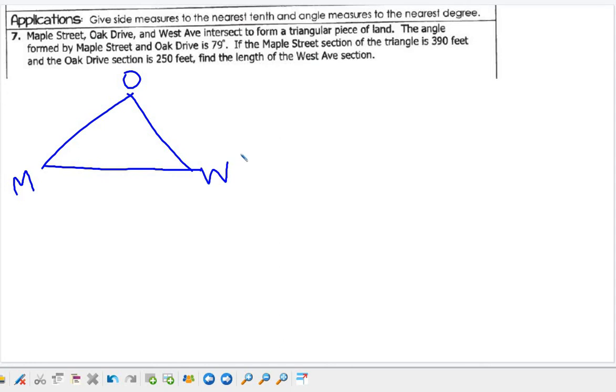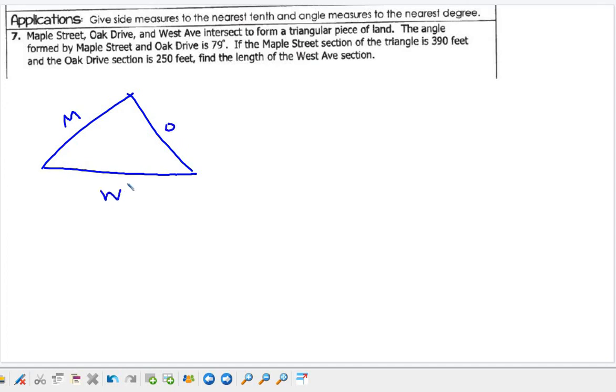The angle formed by Maple and Oak, so if this is Maple and this is Oak, right? Well, I guess I should probably label this a little differently so it makes sense. So we're going to call this Maple, Oak, and West. Okay?